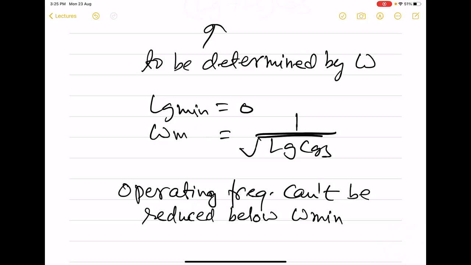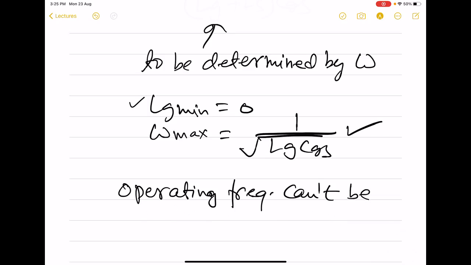So for this L_G minimum, we can have a maximum omega, and that maximum omega, or the operating frequency, will be given by this expression. So the operating frequency can't be increased beyond this omega max.